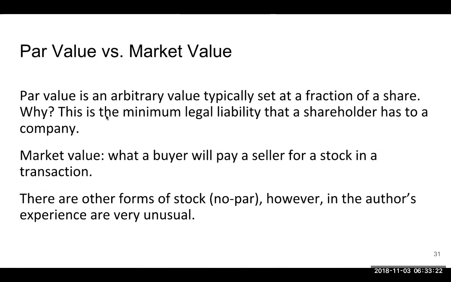This is why when I look at most accounting textbooks I cringe, because I see them saying it's a $5 par value per share. Unless you're Berkshire Hathaway, which sells for about 80 grand per share, who's never split their stock, that's okay.